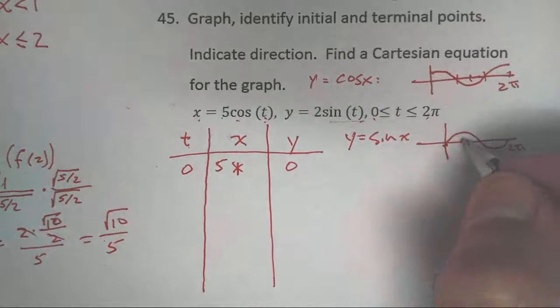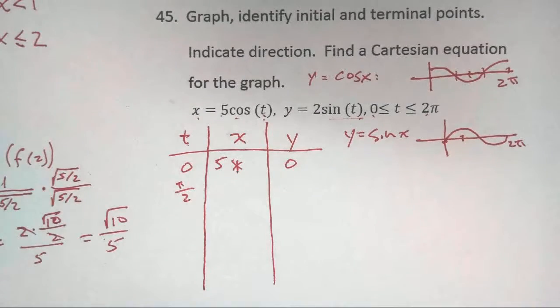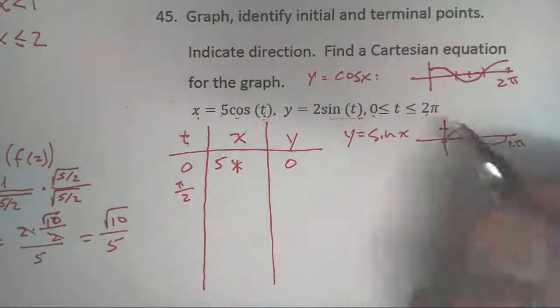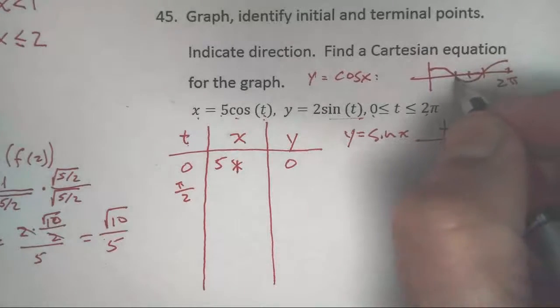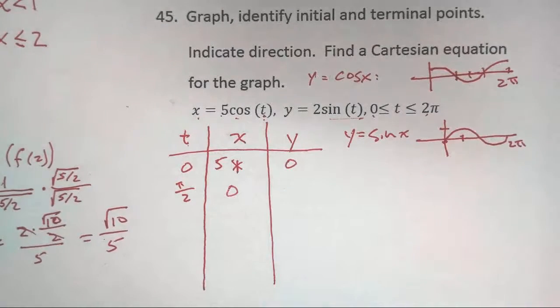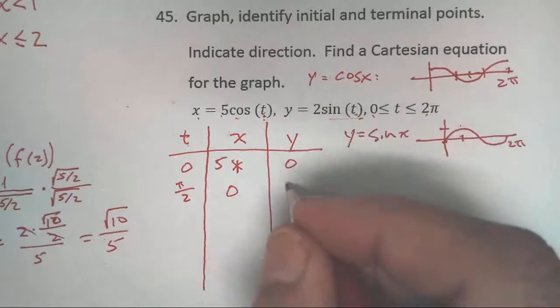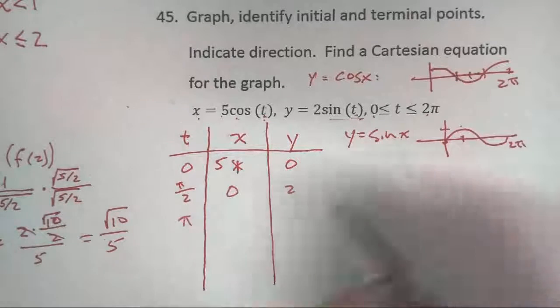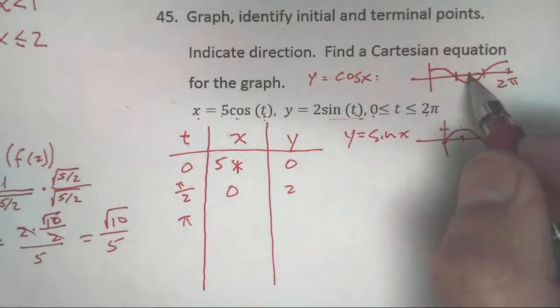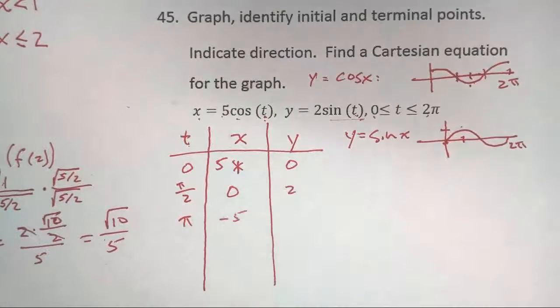I'm going to jump right to 90 degrees or pi on 2, thank you. At pi on 2, cosine is 0. Times 5 is still 0. Sine is 1. Times 2 is 2. Let's jump to pi. Those are our nice defining values of our curves. Cosine of pi is down here at -1. -1 times 5, -5.